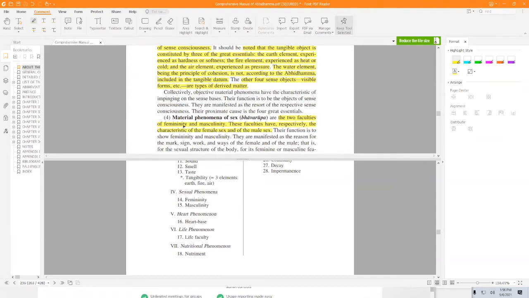In Pali, itthindriya, the female faculty, or purisindriya, the male faculty. These faculties have respectively the characteristics of either the female sex or the male sex, and their function is to show femininity or masculinity.